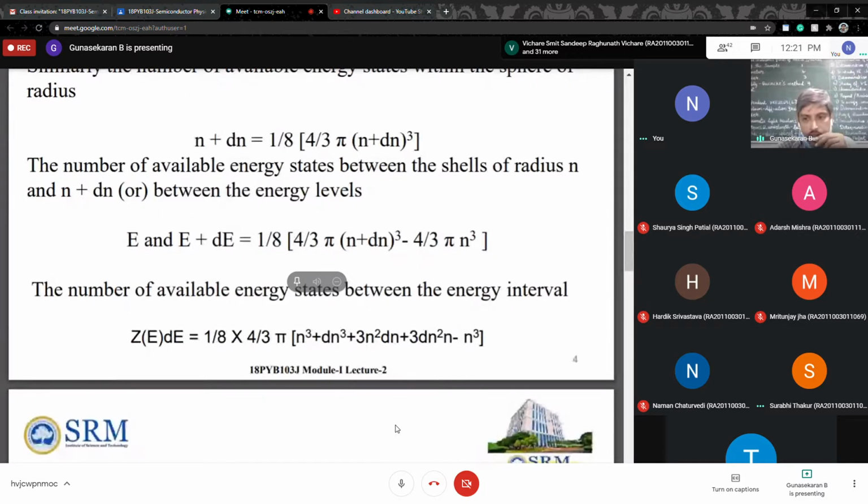Then the dn cube and dn square terms: dn is too small, so if you take its square or cube, the value is even smaller.